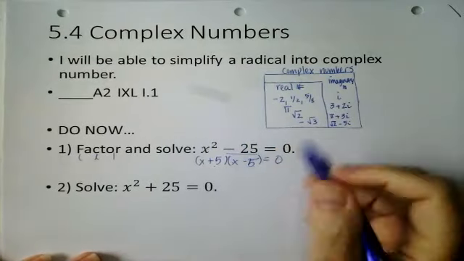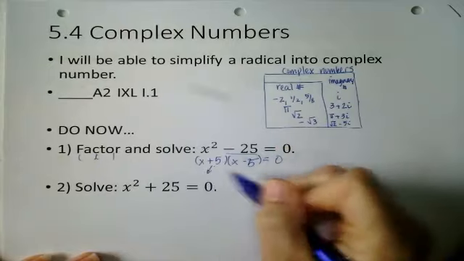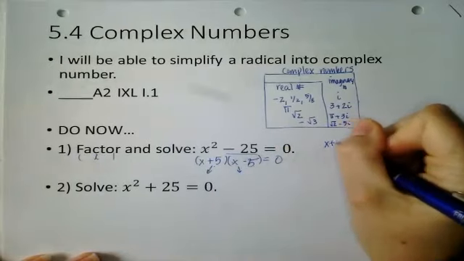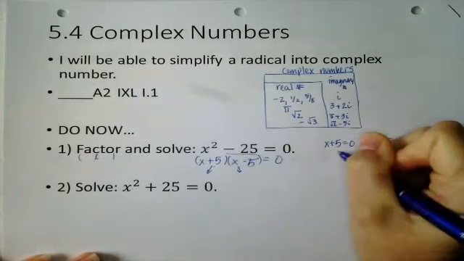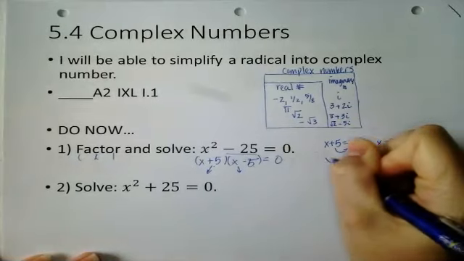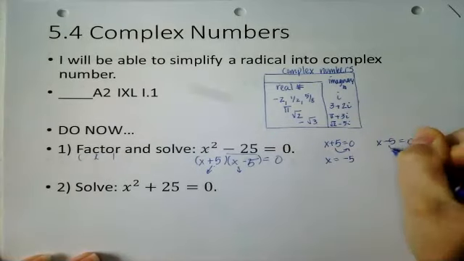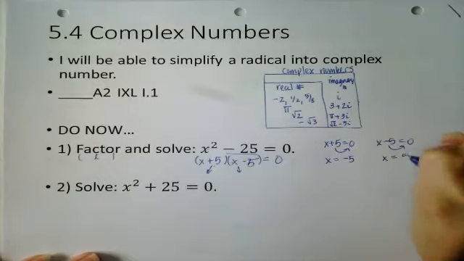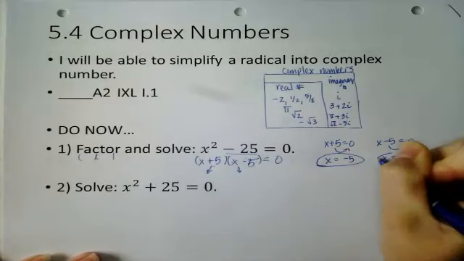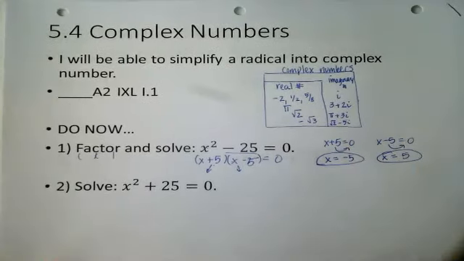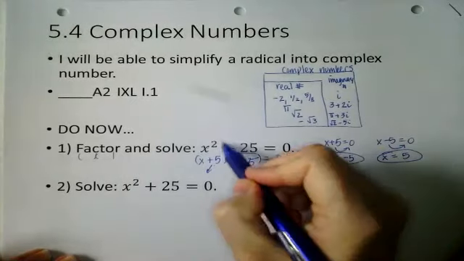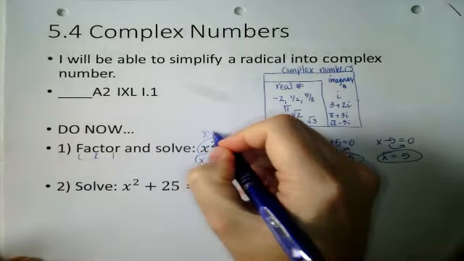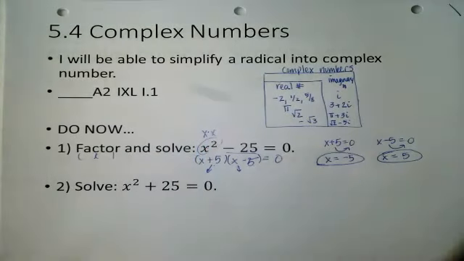And since it's set equal to 0, I can set each bubble equal to 0. And then isolate x. So I'm just going to move the 5 to the opposite side by doing the opposite. So x equals positive 5. So here we get two solutions for x: x equals 5 and x equals negative 5. It's really important that you know that we get two answers because this is x squared. It's x times x. There are two answers for x.